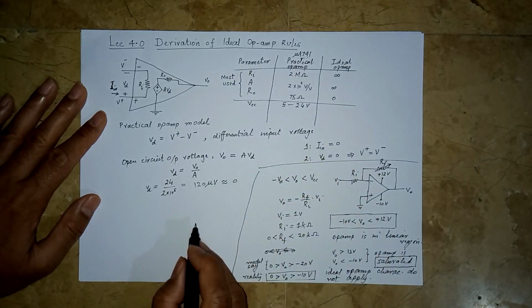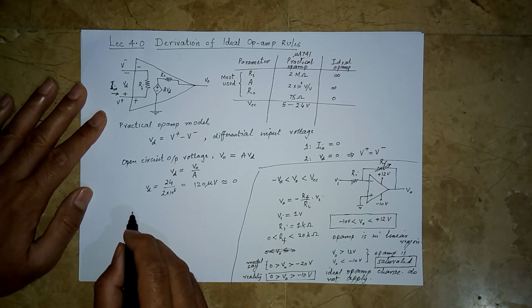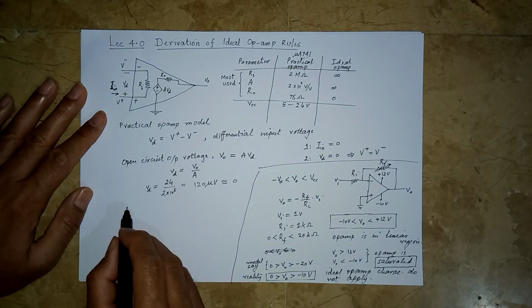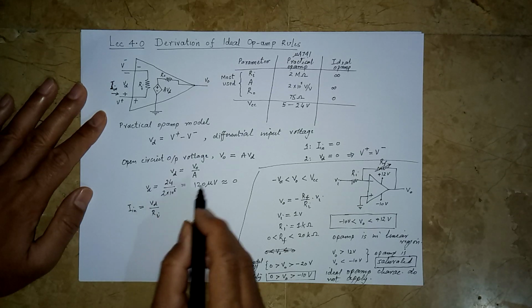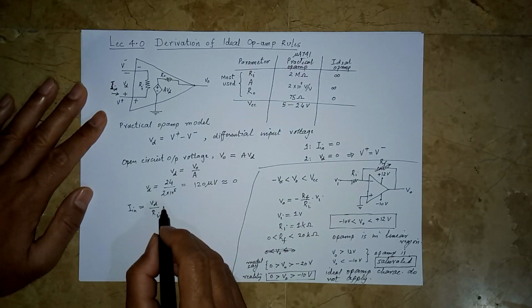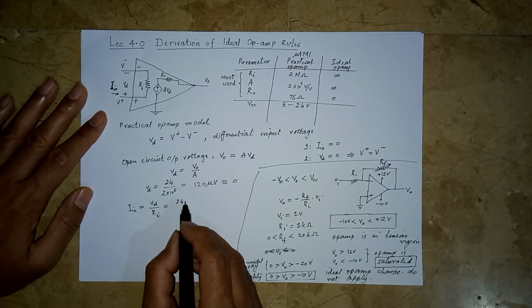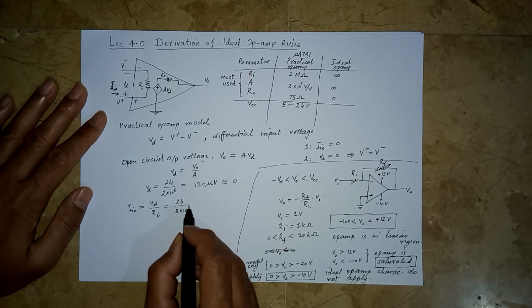Now what about the first ideal op-amp rule? The first ideal op-amp rule is that there is no input current going in here. It can be seen that I in is equal to Vd over Ri. Now for mu A741, Vd we know is 24 volts and Ri is of the order of 2 mega ohm, 2 into 10 raised to power 6.